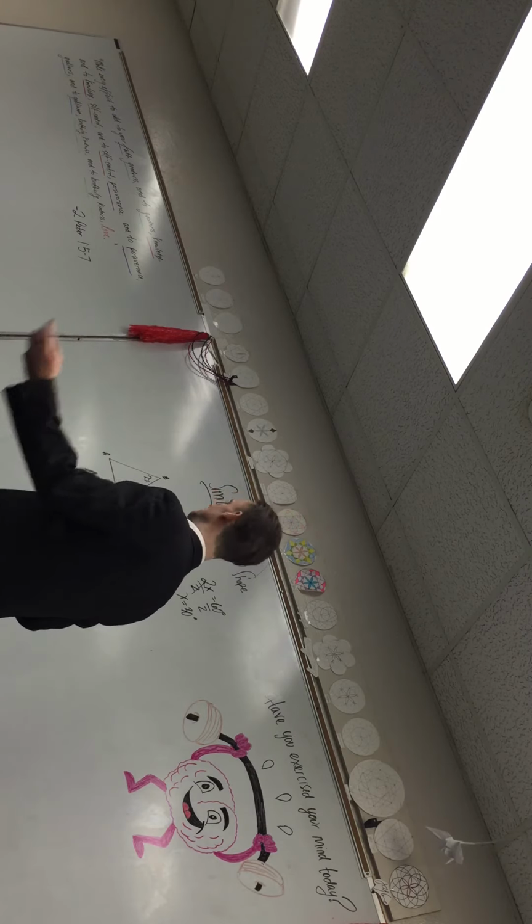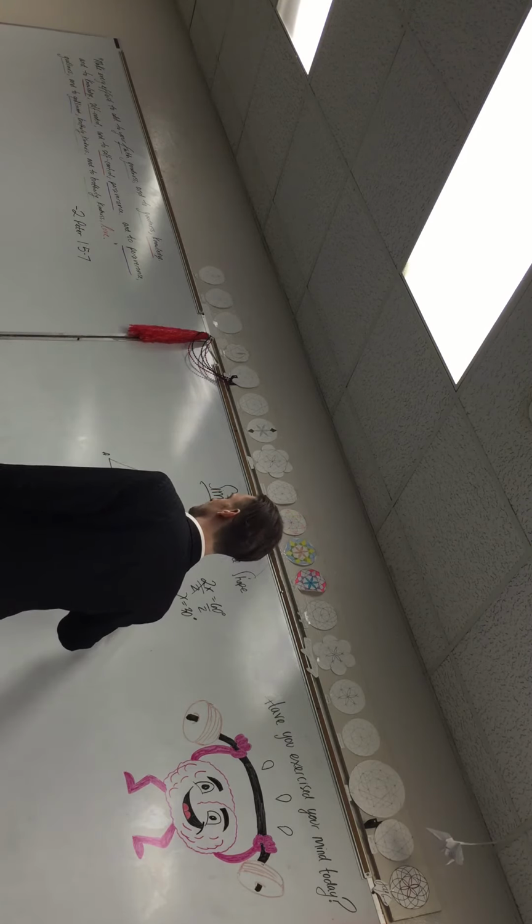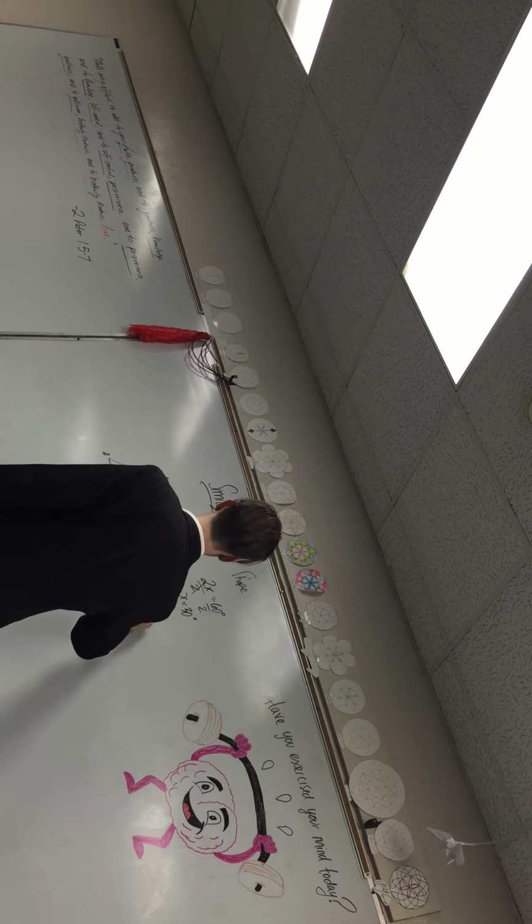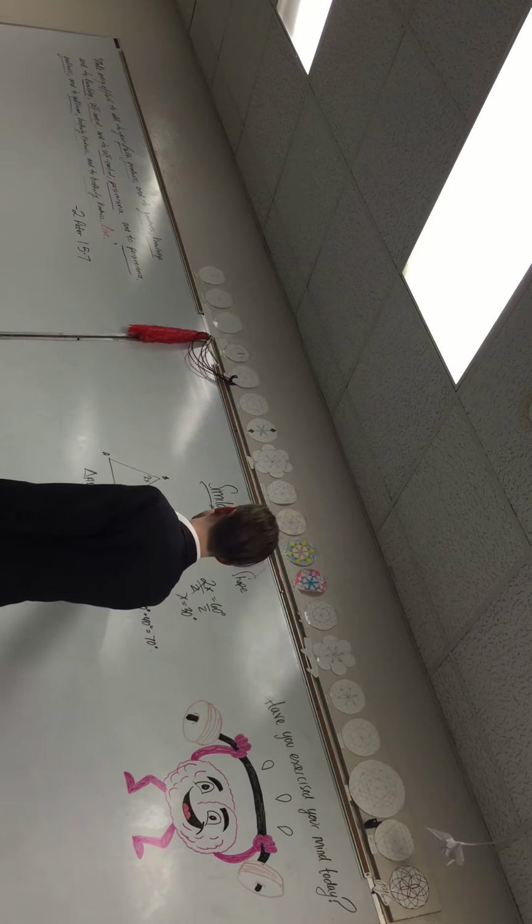And if x is 30 degrees, Sarah, what's y? Got 50, okay. All right, well, let's see. If x is 30, that makes that angle 30 degrees plus 40 degrees equals 70 degrees, right? So if that equals 70, that equals 60.